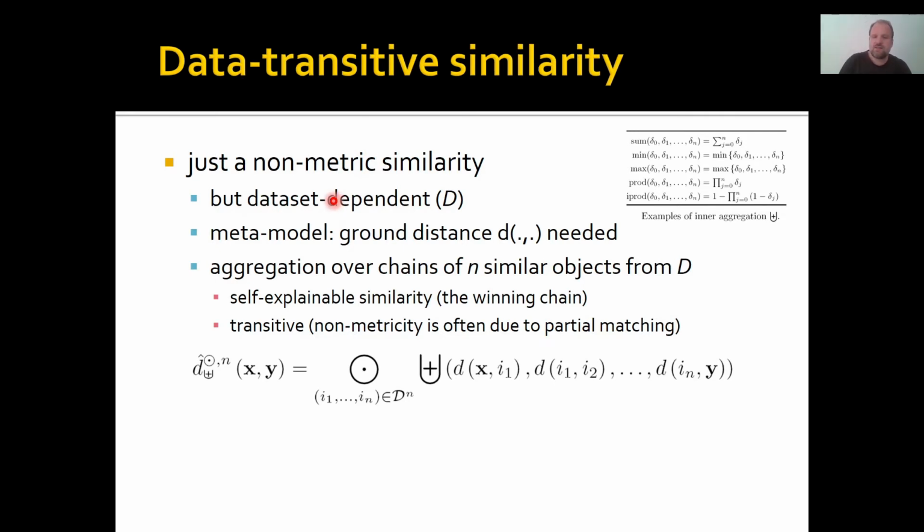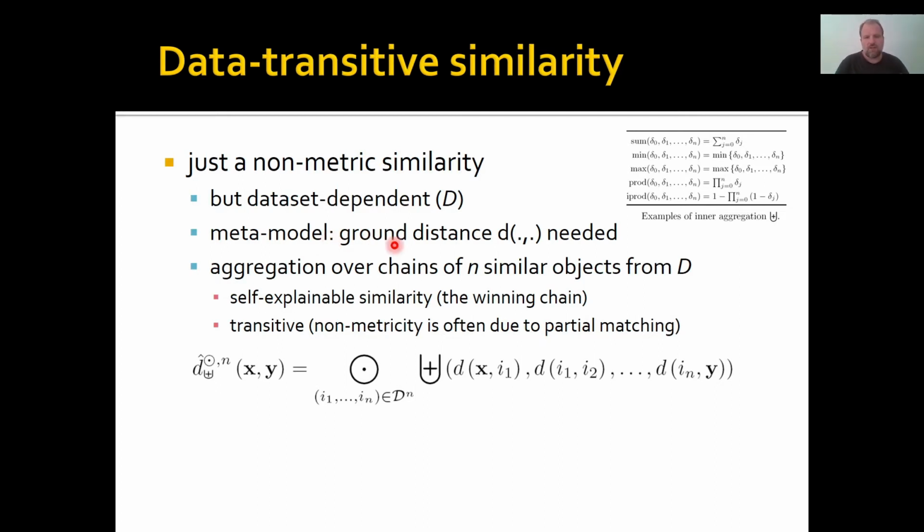So this similarity function is dependent on the data we actually have in the data set. So it's not a priori designed similarity applied on an arbitrary data set. We already have the data set, and the similarity works with the data set.